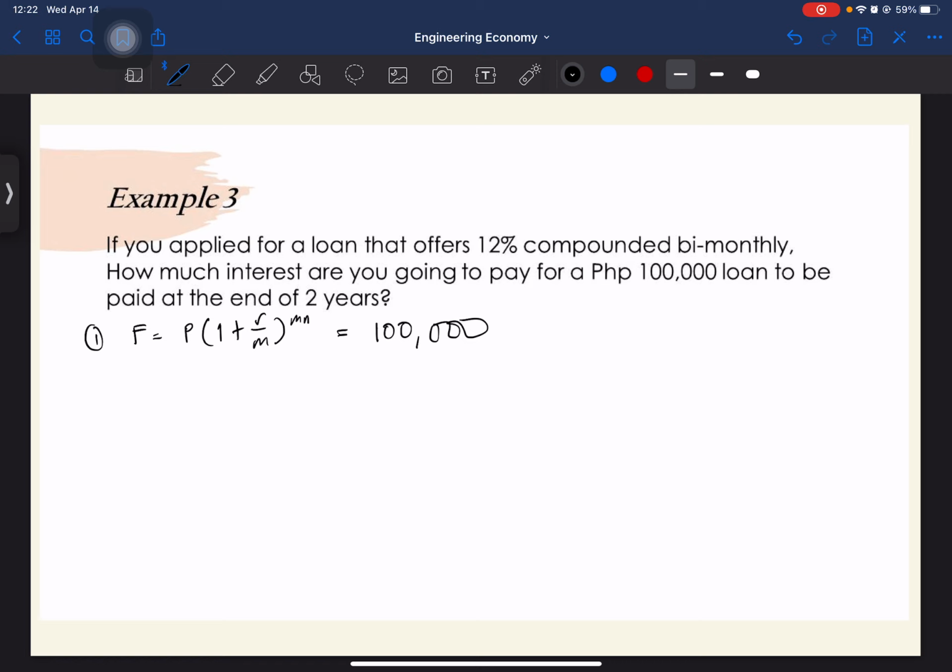Tapos, times 1 plus yung R mo is 0.12. Tandaan na ang R is always nakadecimal. Okay? Ang bi-monthly ang iyong compounding period, so every 2 months. So that's 6. You have 6 compounding periods per year. Tapos number of years 2. Tapos 6. Okay?